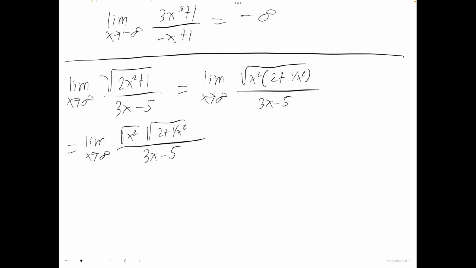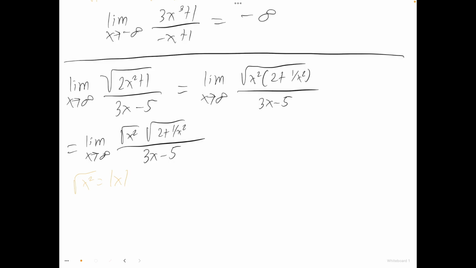And now the square root of a square is something that is important to remember. The square root of a square equals the absolute value of x. If you plug a positive number in and square it, you get out a positive number, and then you take the square root, so you get back the original.